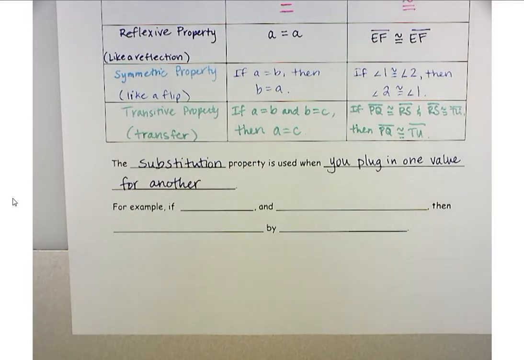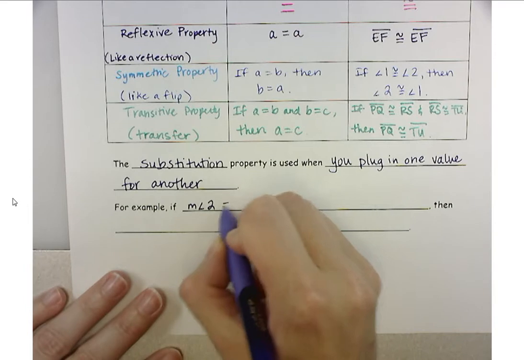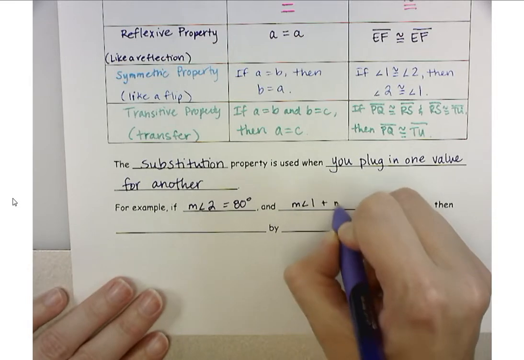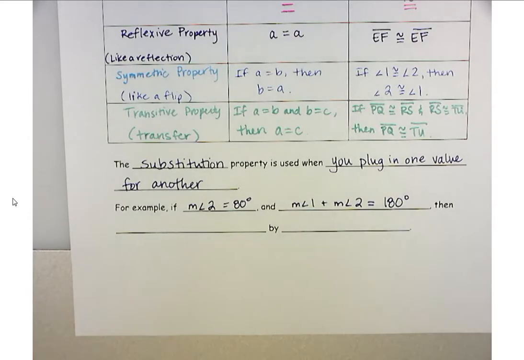For example, if the measure of angle 2 was equal to 80 degrees and the measure of angle 1 plus the measure of angle 2 was equal to 180 degrees, do you think you could do the substitution?